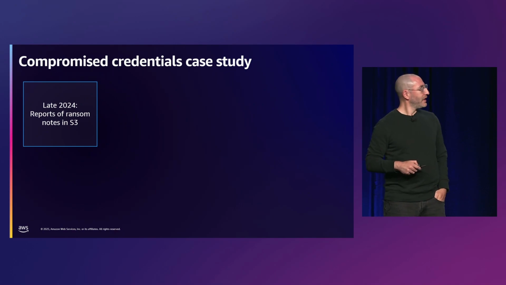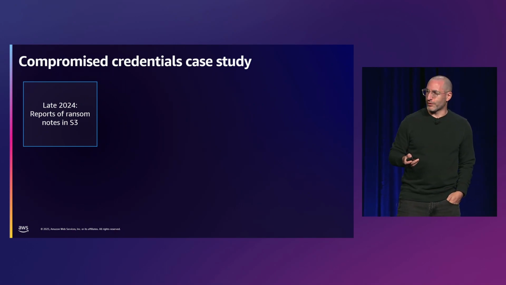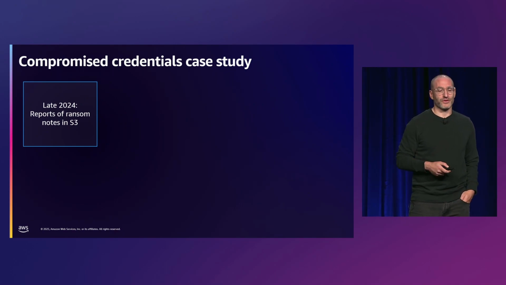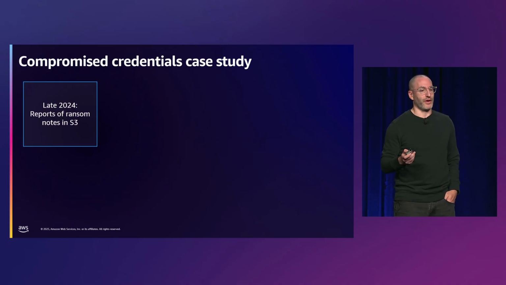Okay. So diving into an actual case study of where all of these techniques I'm describing converged into a particular example. This was in late 2024, and we started getting reports from customers that they were seeing ransom notes in their S3 buckets.